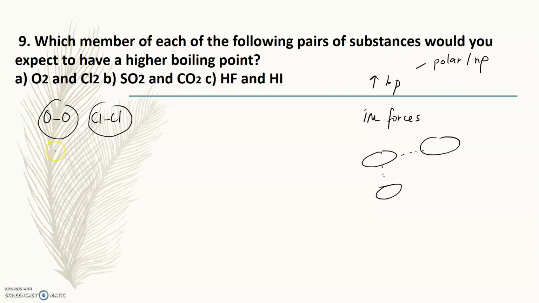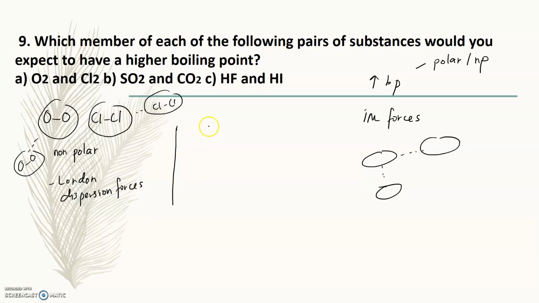Both molecules are non-polar, because the electrons are shared equally, so the forces between oxygen molecules and between chlorine molecules are London dispersion forces. Check your answer: London dispersion forces for both, because they are non-polar molecules. Okay, that is for A.